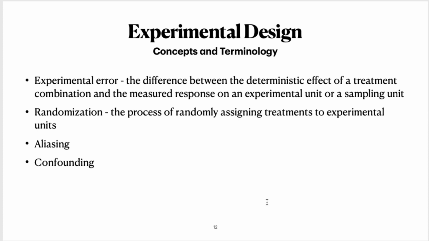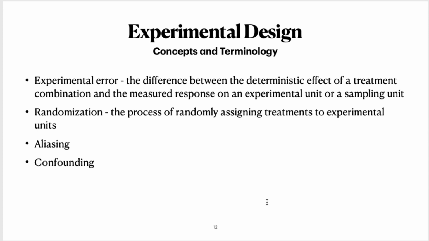Randomization is the process of randomly assigning treatments to experimental units, and there are many ways of randomizing. That's what really differentiates the various kinds of experimental designs, the different ways of randomly assigning treatments to experimental units. That typically is what identifies or determines what we might call the design structure of the experiment.